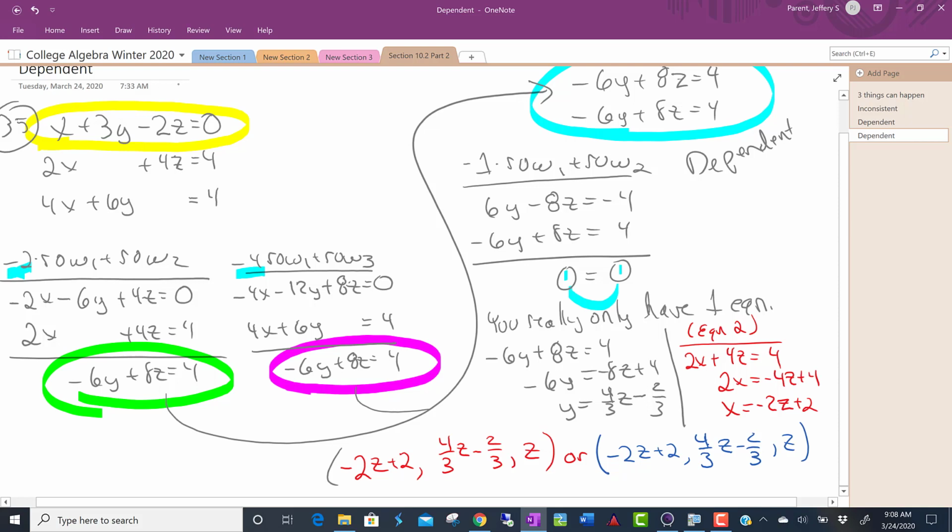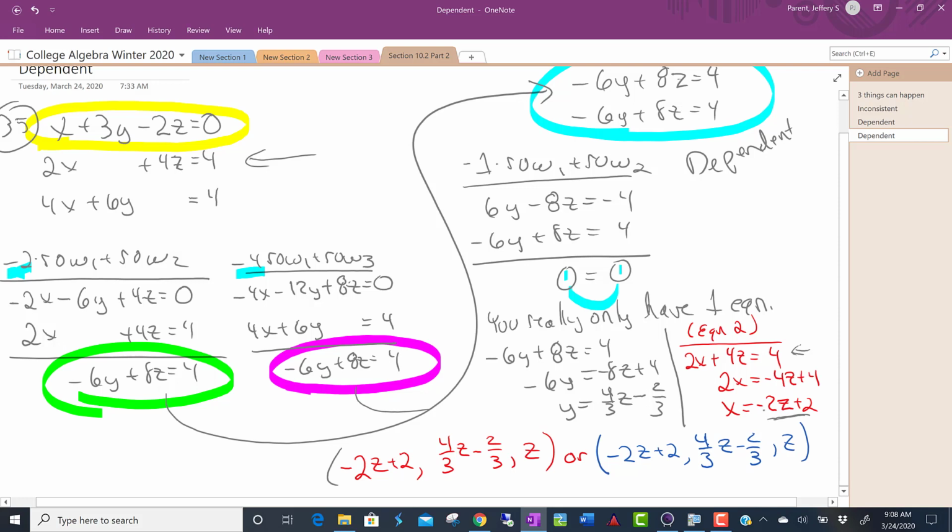And our nice alternative is the fact that this second equation doesn't depend on y in any way. So I can just get x in terms of z, which is what I did here. I moved the 4z to the right-hand side, it became negative, divide both sides by 2, and I end up with a nice expression for x.